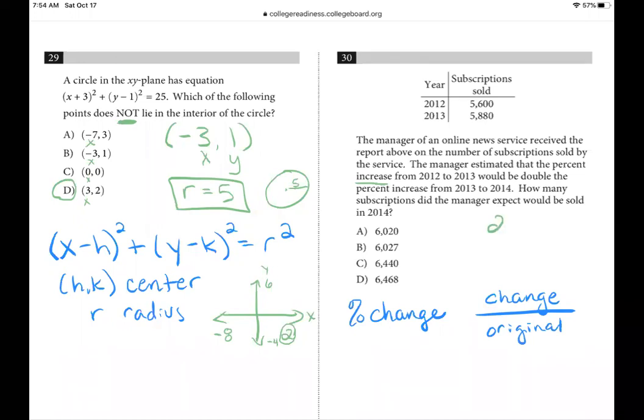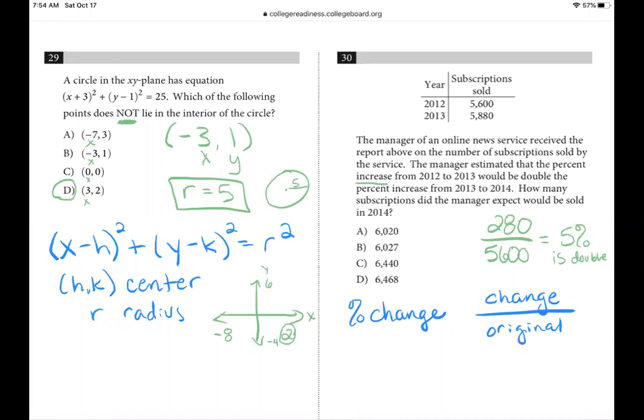That would be a change of 280 over the original, which would be the first year provided, the 2012, 5,600. And that gives us a 5% change, 0.05.